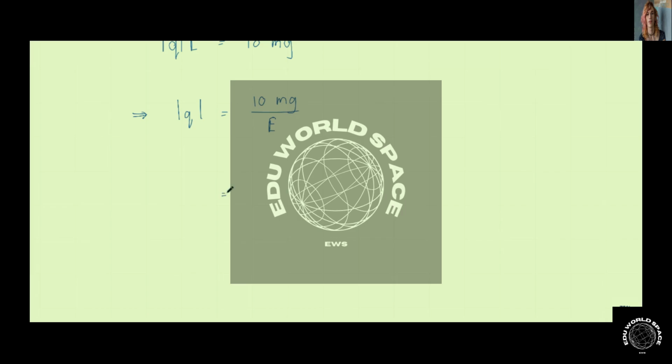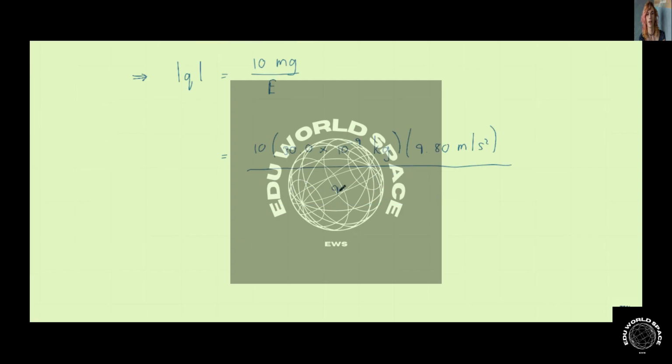Now we know the mass of the particle, so we can calculate this charge. This is 10 times the mass of the particle, which is 30 times 10 to the minus 9 kg, 30 nanokilograms, times g, which is 9.8 meters per second squared, divided by the electric field strength, which we calculated above, and that's 9.71 times 10 to the power 4 volts per meter.